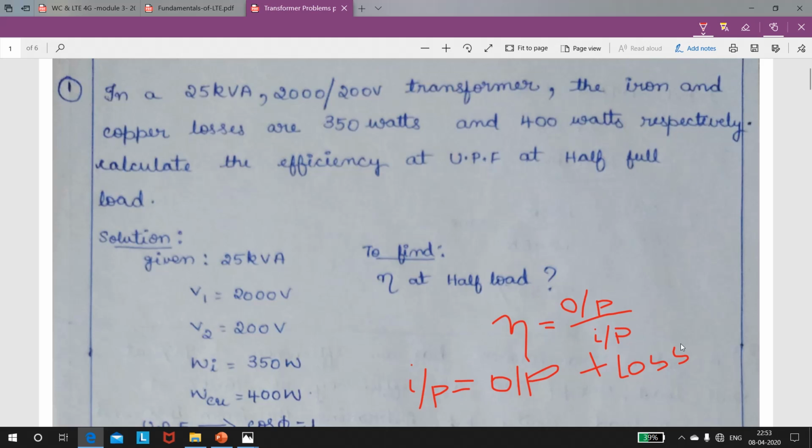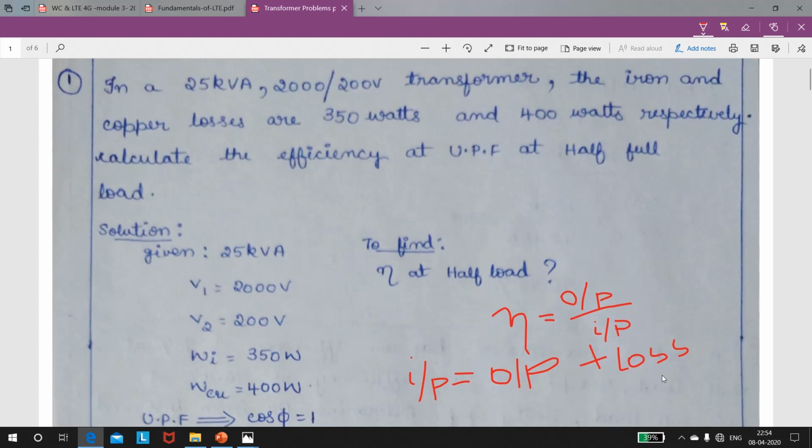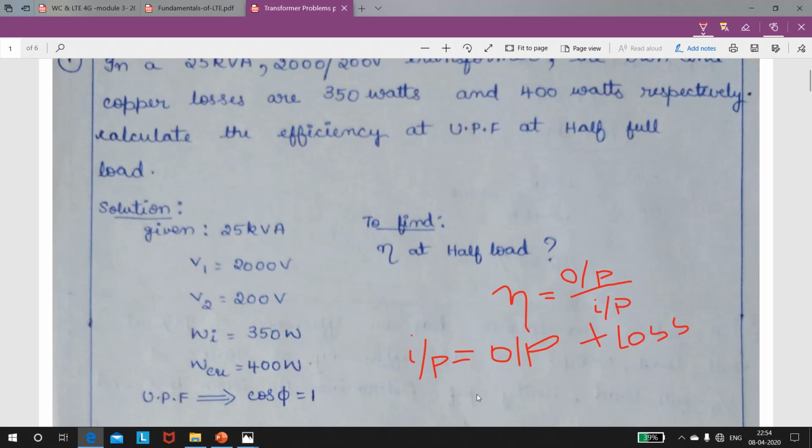Now what about the losses? Total losses are equal to, you know already that you have got two types of losses.